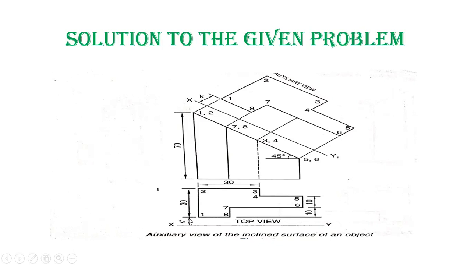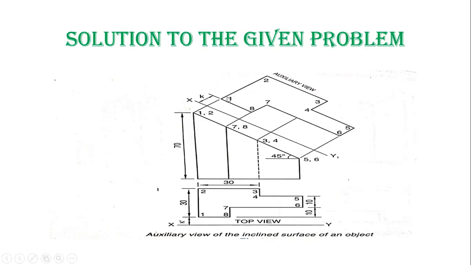Here it is shown that the distance is k dash and its distance in the auxiliary plane is also k. Both distances are equal. Finally, join the obtained points in the auxiliary view in correct sequence with a bold line. Thus, we will obtain the true shape or size of the inclined surface.